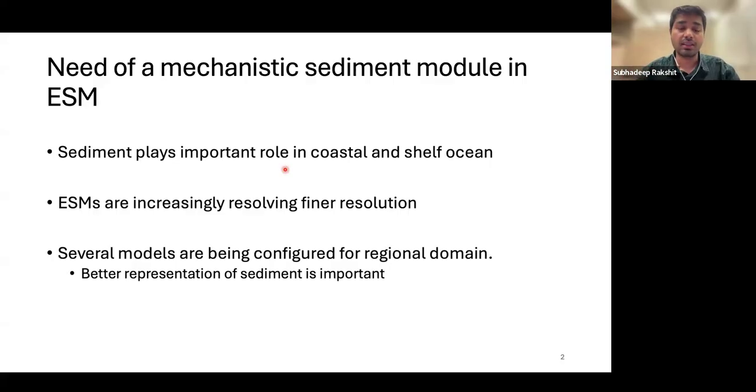And also there is a lot of effort in using Earth system models in the regional domain, and that's why we really need to have a better representation of the sediment in these systems.